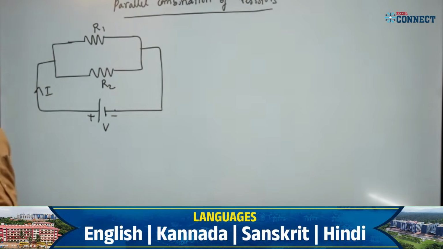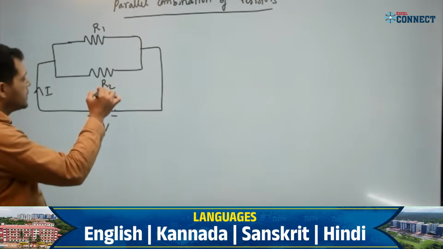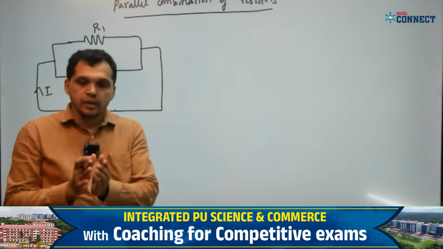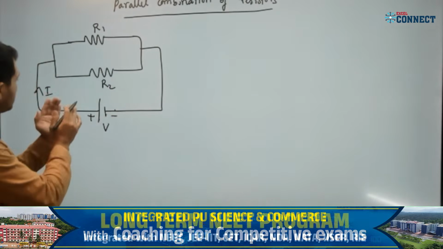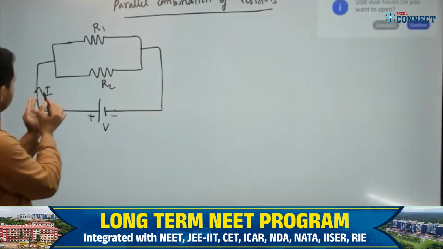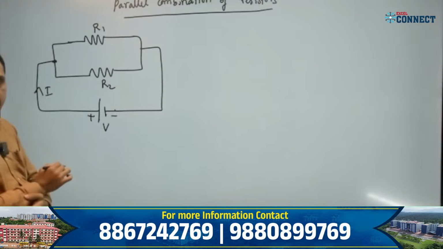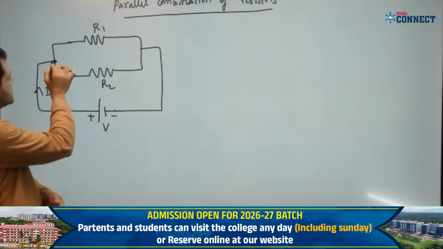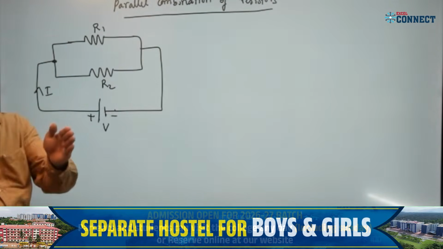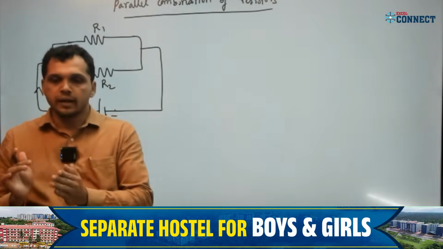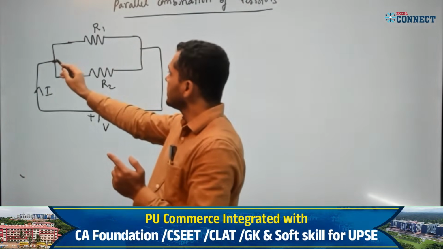I is the current. Now, students, if you connect in a parallel combination, what happens to this total current at this junction? At this junction, the total current will split into two branches, right? Current must split here, correct?